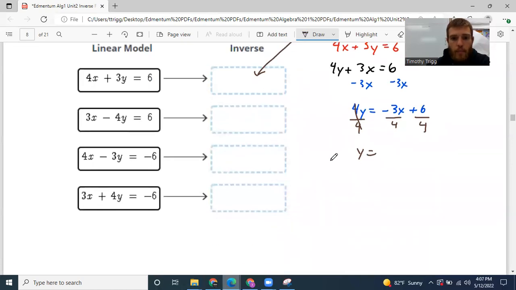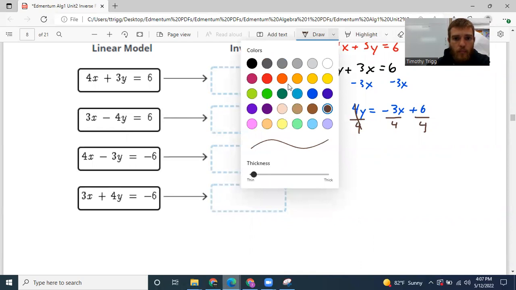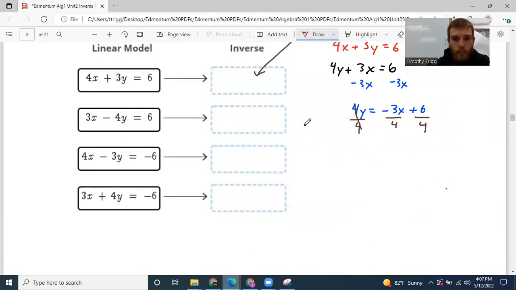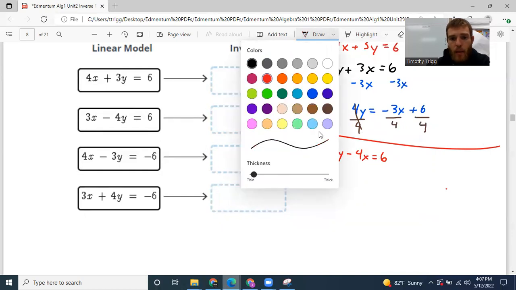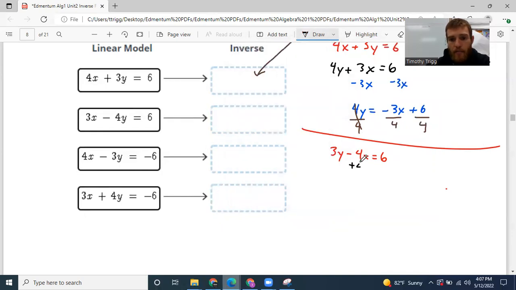Let's go ahead and try the next one. Once again, swap the positions of x and y. So this will be 3y minus 4x equals 6. And our goal, once again, is to get y by itself. So we're going to start by adding 4x to both sides of the equation, allowing me to cancel right here.